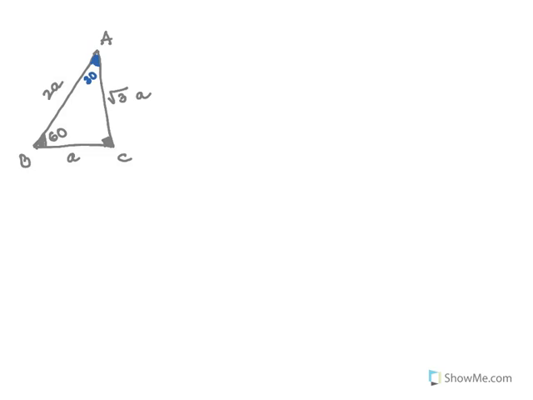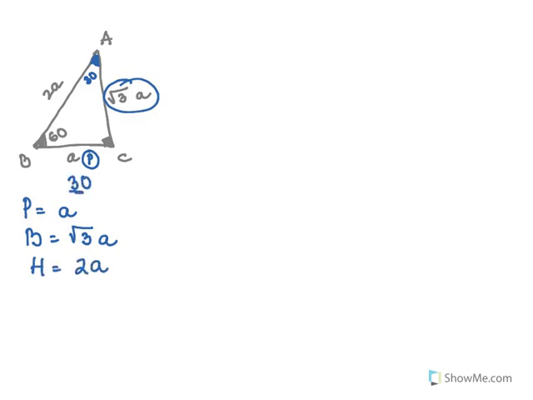Now for 30, here is perpendicular, so perpendicular equal to a, the base is equal to root 3a, and your hypotenuse for 30 is equal to 2a. And then you find your ratios by the definition.